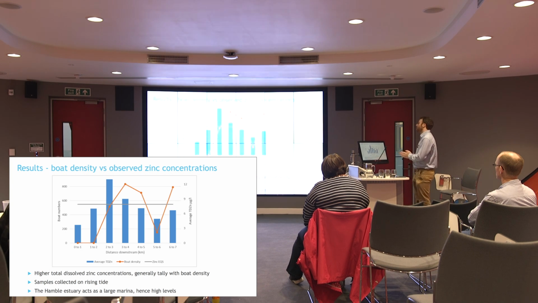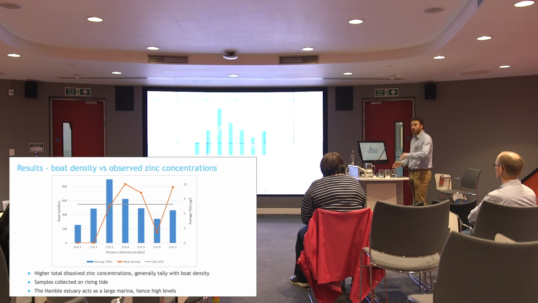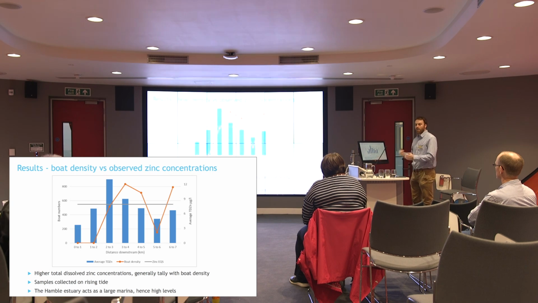If you look at the graph, it's slightly offset with the tide due to the fact that the water samples were collected on a rising tide. But as you can see, generally, areas of high boat density do tend to have higher total zinc concentrations. And once again, in the upper estuary, the average is exceeding the marine environmental quality standard of 7.9 micrograms per litre.